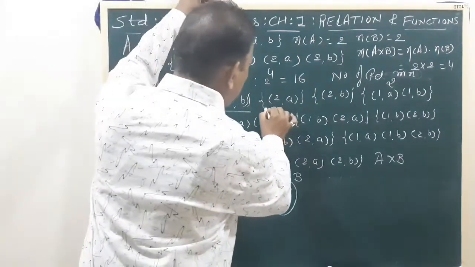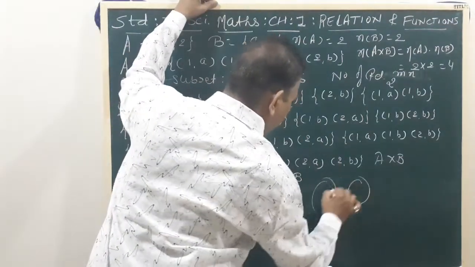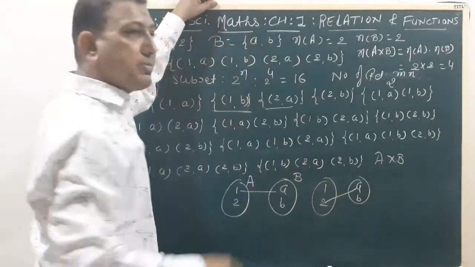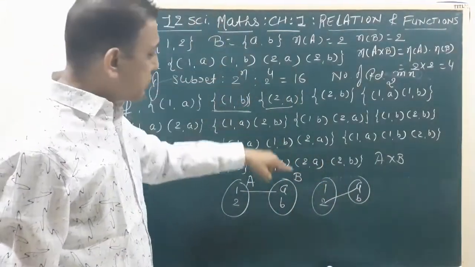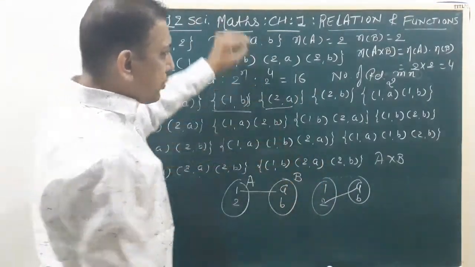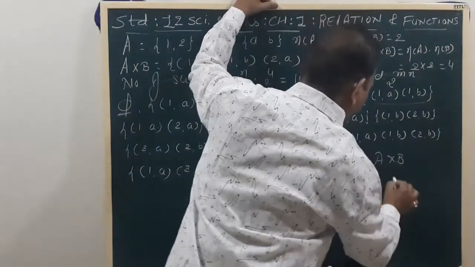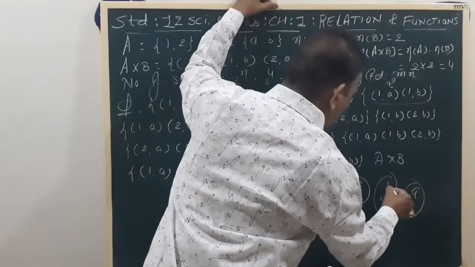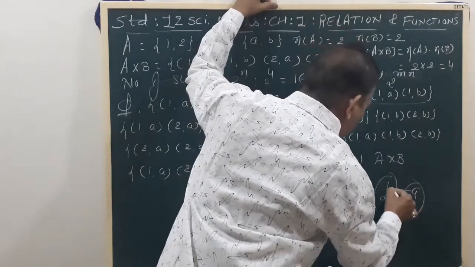Another, 2A. With 1, 2, A, B, so 2A and 1 is remaining. Not possible, so this is not a function. Again this one: 1A, 1B.